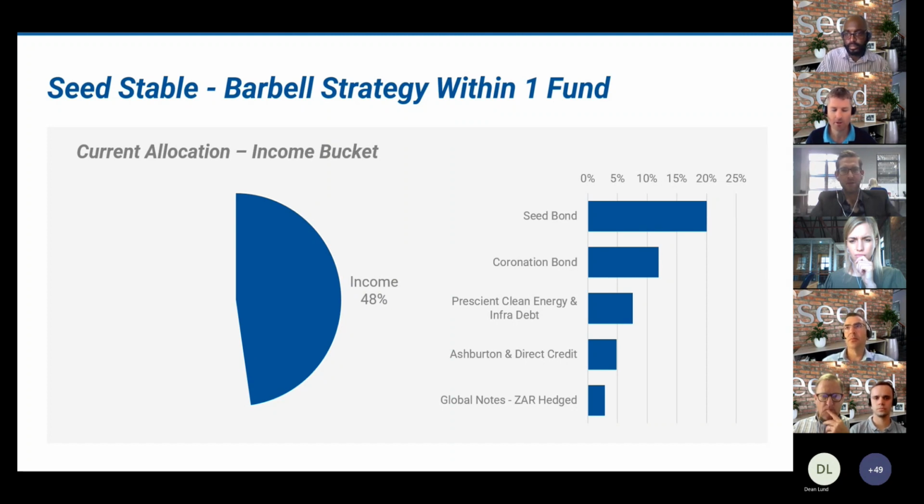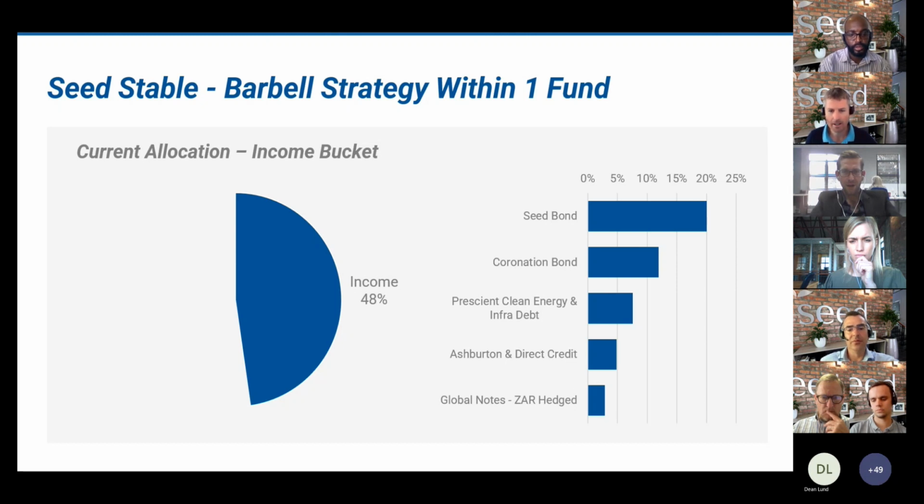So these notes reference global assets, but their returns are linked to the rand. So obviously, in the stable fund, where volatility is a more important component, where we do want to maybe gain access to more geographies, we don't necessarily want to take on more currency risk.